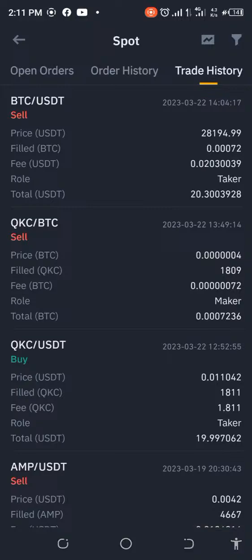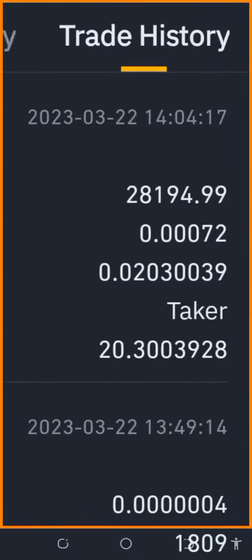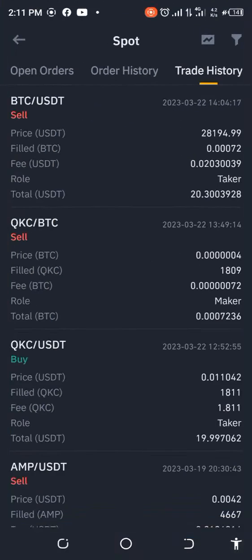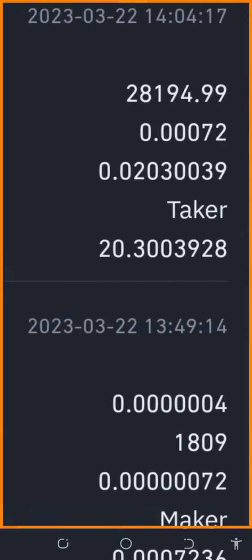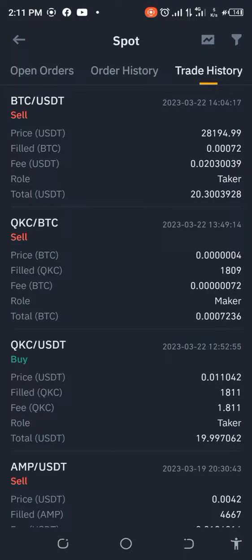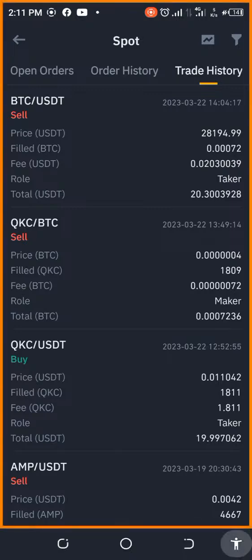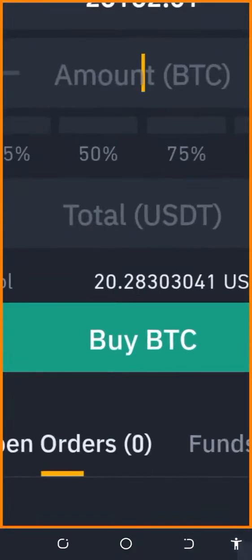Did we pay any fee? Oh, yes, we did. We paid a USDT fee here, okay? That's about 2 cents. That's the reason why. So the entire amount, as you can see here, the total USDT plus the fee was 20.30. But when they took out their 2 cents, that's why what we have here is 20.28.